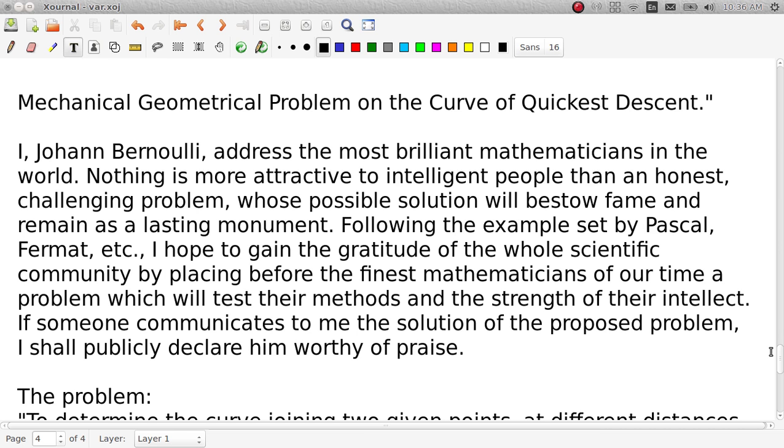Following the example set by Pascal, Fermat, etc., I hope to gain the gratitude of the whole scientific community by placing before the finest mathematicians of our time a problem which will test their methods and the strength of their intellect. If someone communicates to me the solution of the proposed problem, I shall publicly declare him worthy of praise.